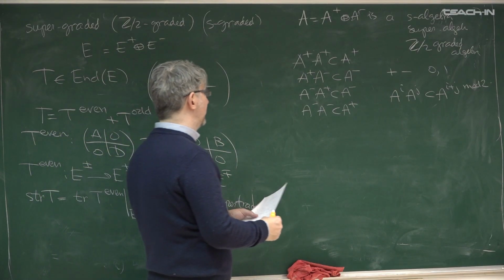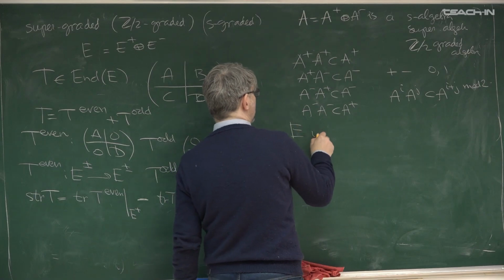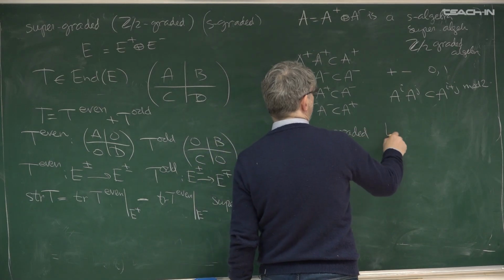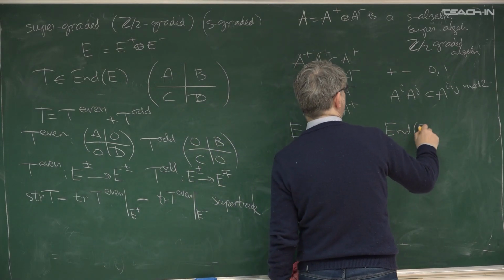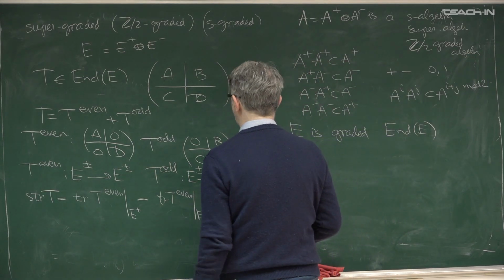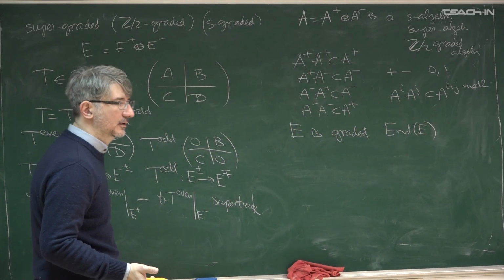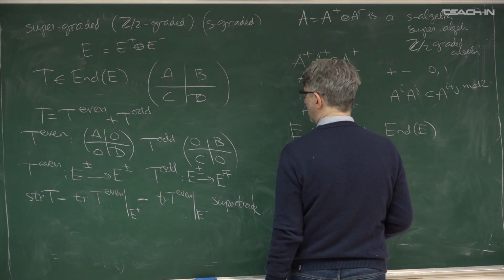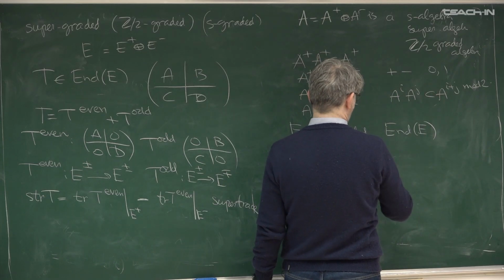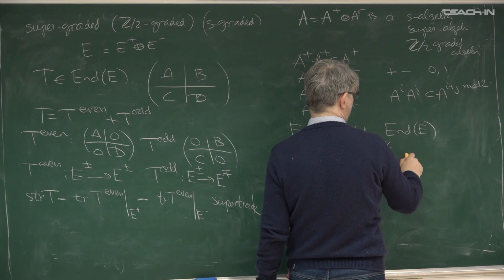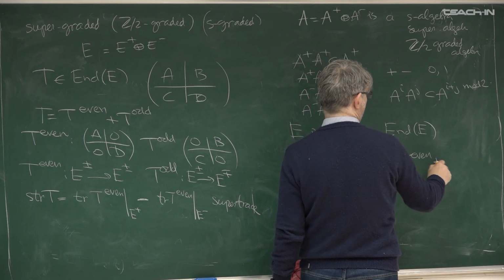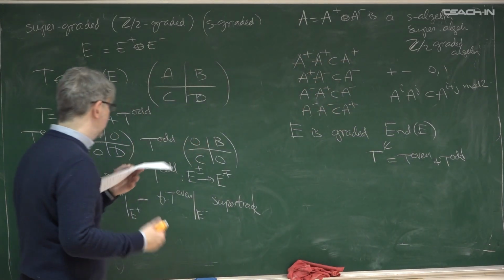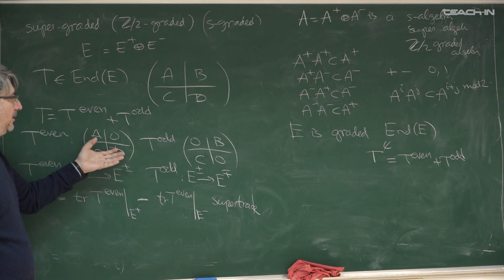If our space E is graded, then the space of its endomorphisms is also graded. How to represent an operator? We checked it as an endomorphism here into even part and odd part. We already did it. Every operator can be represented in a unique way as a sum of an even part and an odd part.